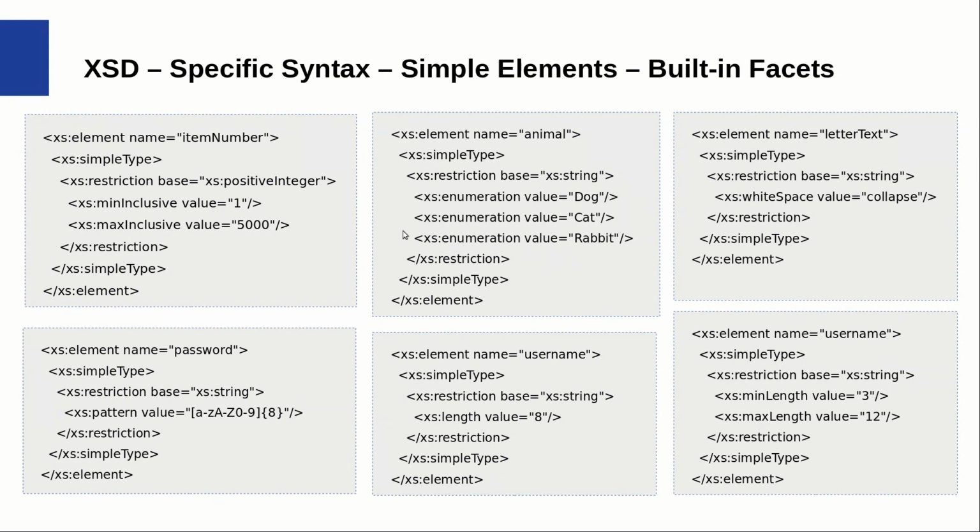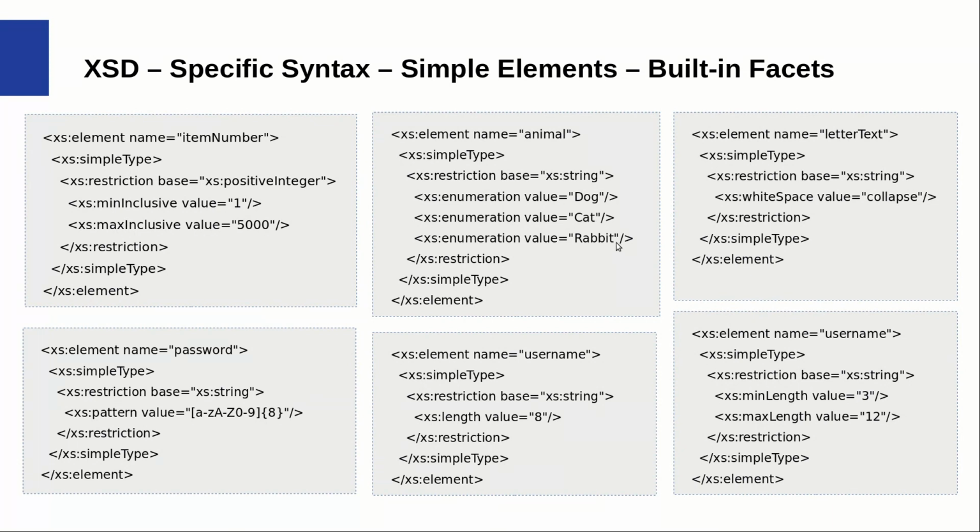In this case, an enumeration constraint with 3 option values: dog, cat, and rabbit, so that the content value of this animal element would be able to contain any string name that would match any of these enumeration options: dog, cat, or rabbit.